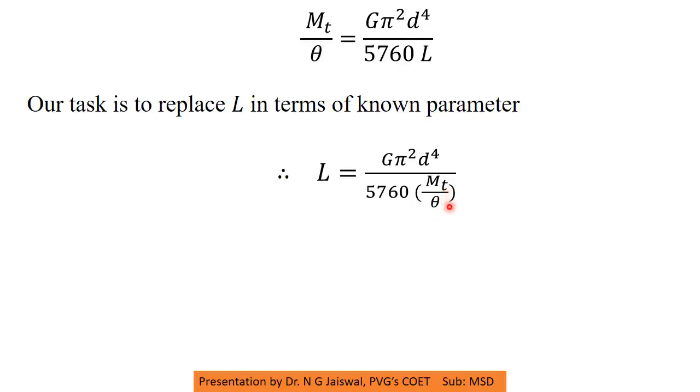So L is now replaced by all known parameters. G is known, it is given in tabular form. D is not known, but d we already found out in terms of some known parameters. That's what d is, now again in terms of known parameters. Mt by theta is also given. Okay. So in the same equation, d raised to power 4 I have separated out.